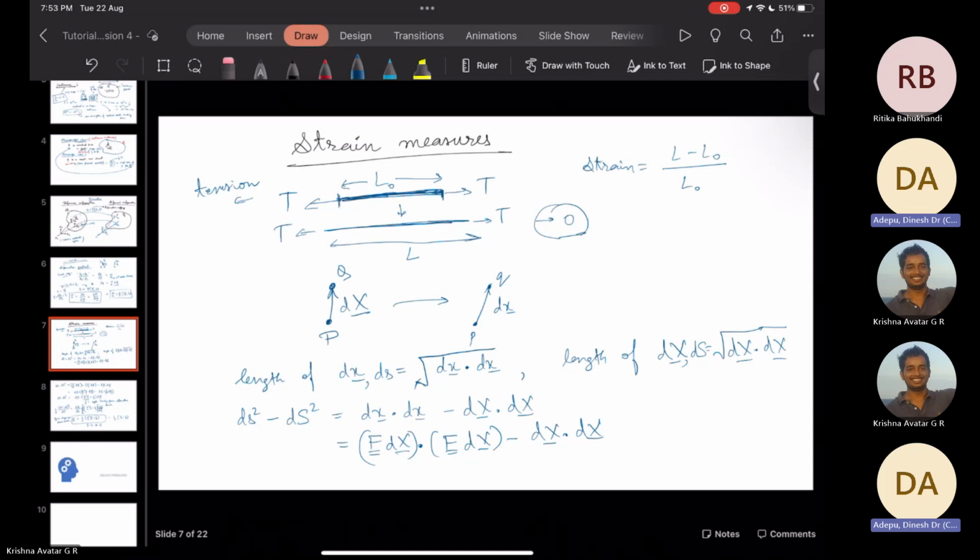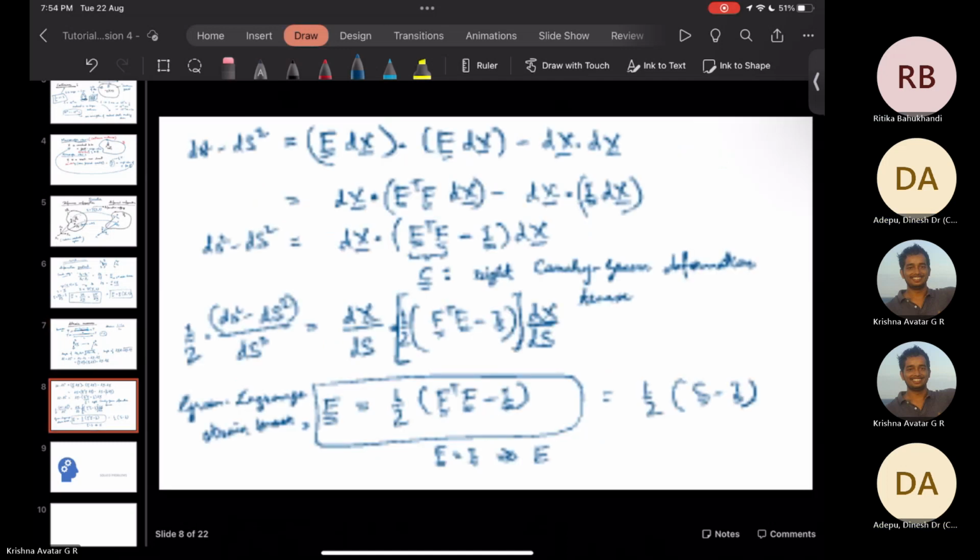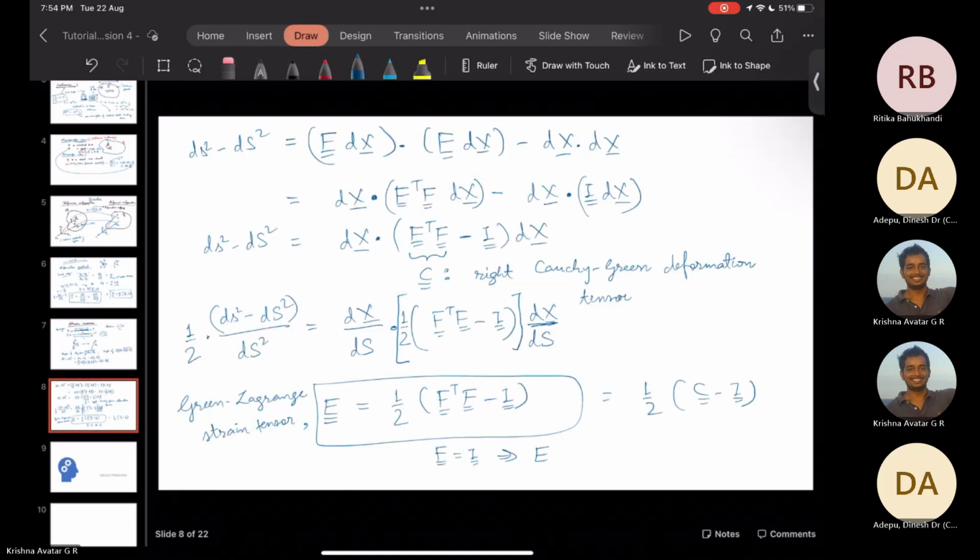Yes, yeah. Now you see that you are easily able to see here, that was from an intuitive point of view. Now you are actually able to see that since F, the deformation gradient, is identity, when we try to find the value of the strain tensor, you put half and then I transpose I, which you know very well is still I, because the transpose of identity tensor is still identity.